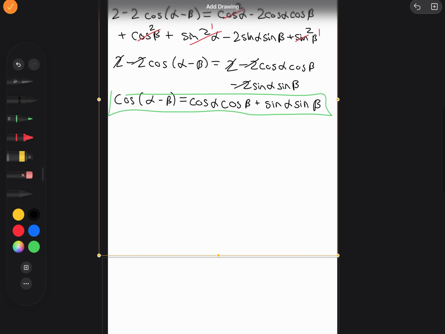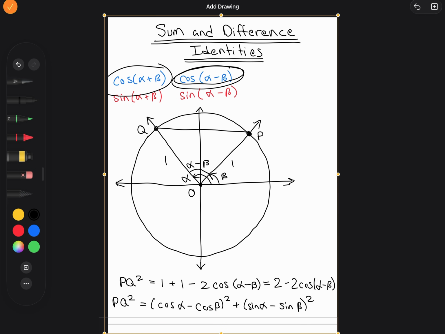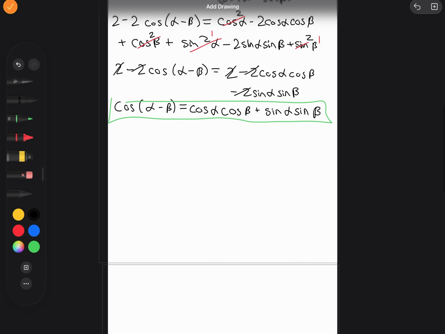So now what we're going to do is find cosine alpha plus beta. A simple way of doing this is we can switch around the beta part and just write this as cosine alpha minus negative beta, and the equation still works. So it'll just be cosine alpha cosine negative beta plus sine alpha sine negative beta.